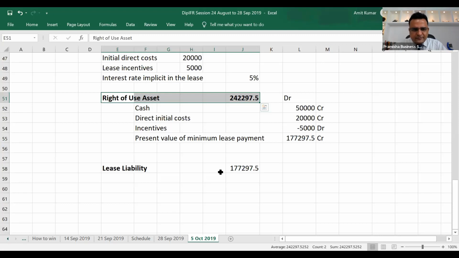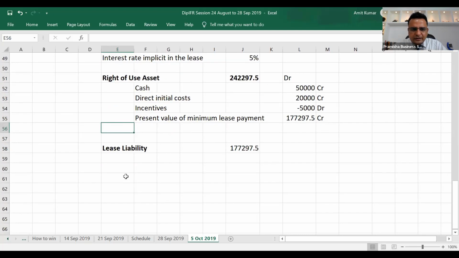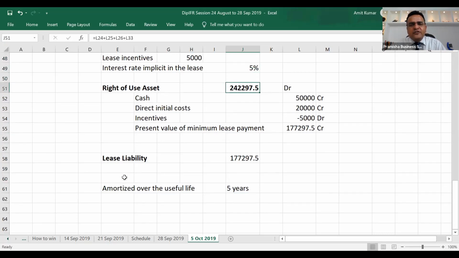230 will be amortized. Now this right of use is going to be amortized over the useful life. Now how much is the useful life? The useful life is 5 years. Now this amount, whether it is 242 or whether it is 230 or whether it is 220, incentive means the total amount which we have invested to get this right.